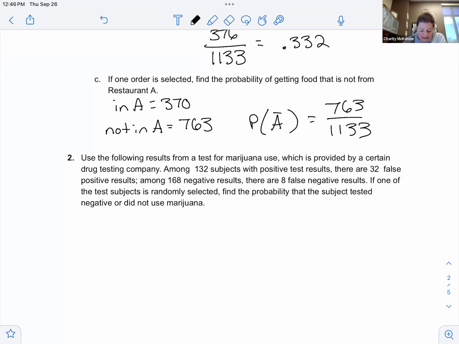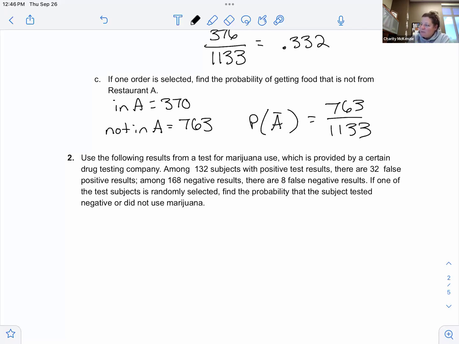If one of the test subjects is randomly selected, find the probability the subject tested negative or did not use marijuana. So we want everyone that didn't use it. That's how we're going to think of it.